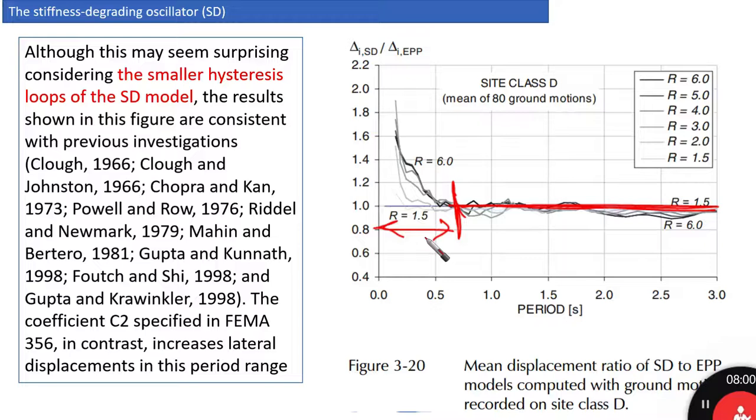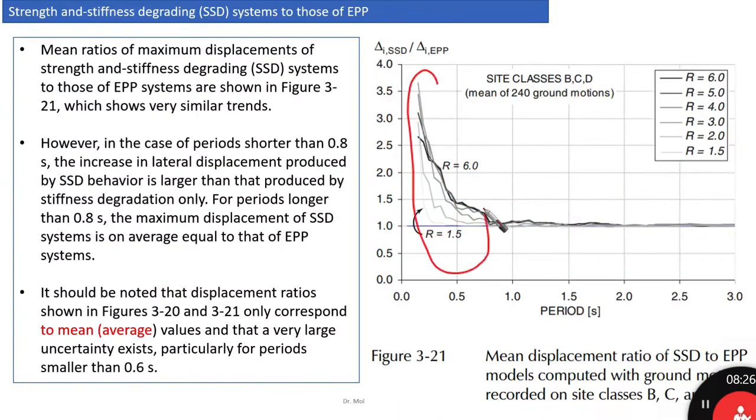The message here is that if you have very stiff systems, you had better conduct nonlinear time history analysis, and at the same time you need to take into consideration the hysteretic rule that you are going to use. You should be careful with it. And remember that we are still talking about mean values here. There is already a great deal of uncertainty in the short period range, or periods less than 0.6 or 0.8 seconds.